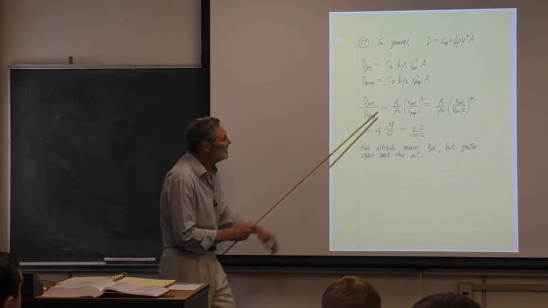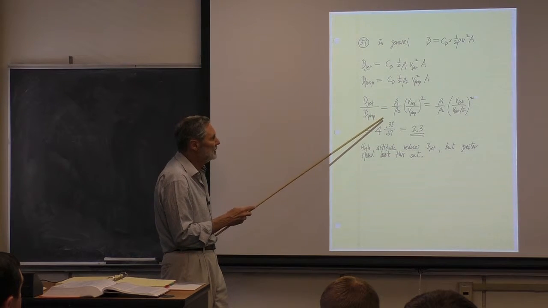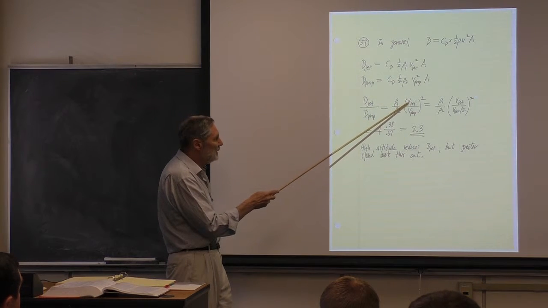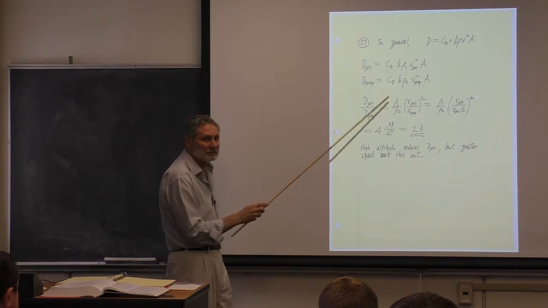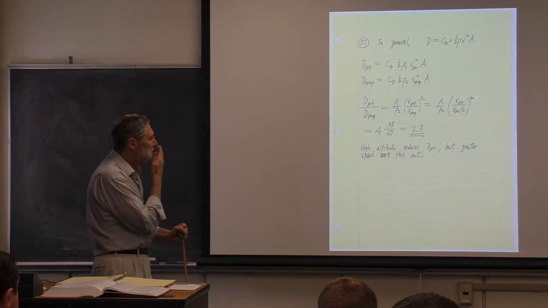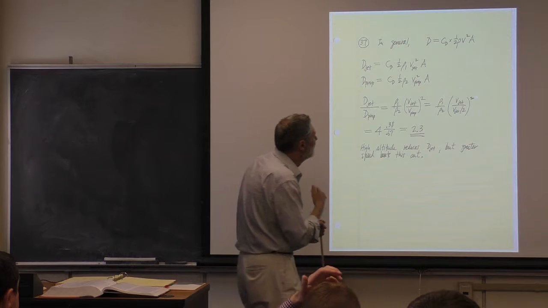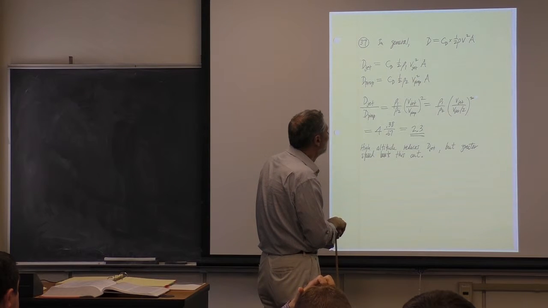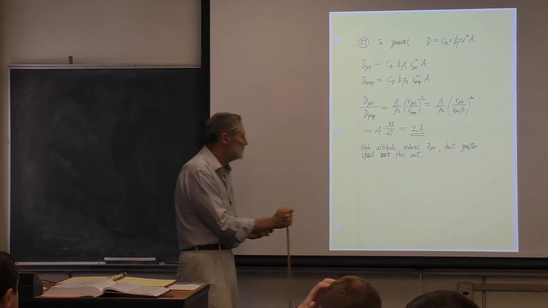So even though the density is less, which is going to cause a reduction in the drag force, the speed beats it out, okay? Oh, and we're given the fact that the propeller is moving at half the speed of the jet.